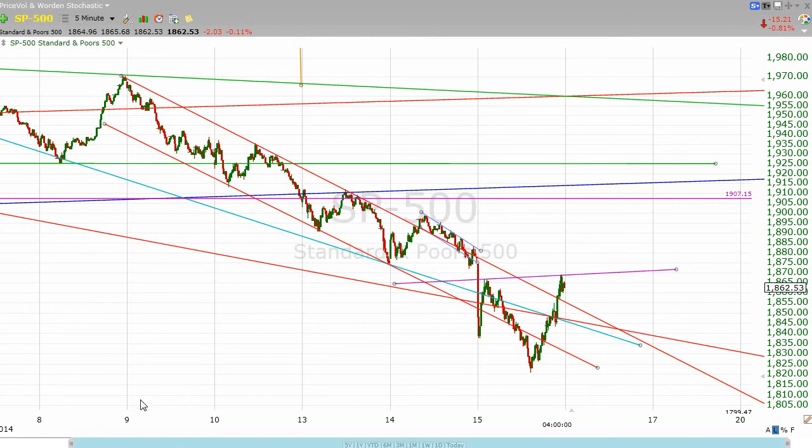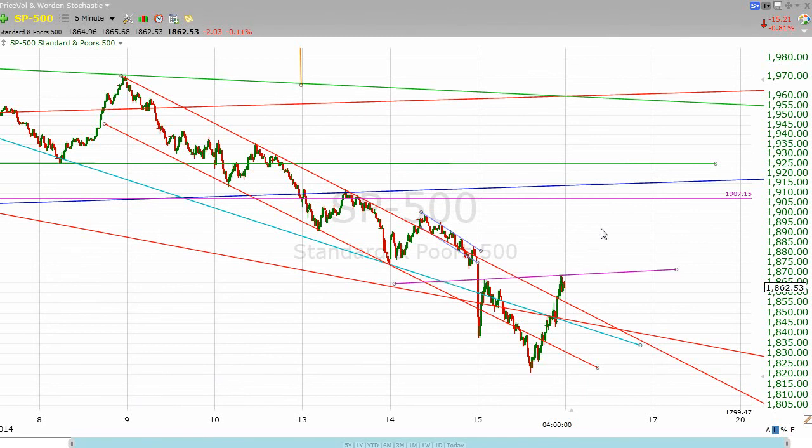Now, one thing to keep in mind, every line, with the exception of this one right here, but every line that is above us should now be considered to one degree or another resistance. So I think we've got to watch this carefully.